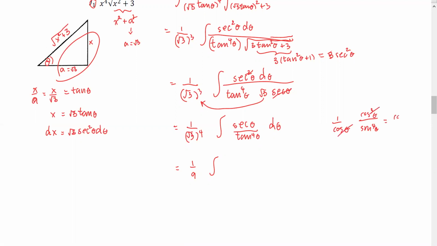That will give us cosine to the second, no, cosine to the third theta multiplied by the sine to the negative fourth theta. Basically, we rewrite it as the product of the power of the cosine and the sine term.